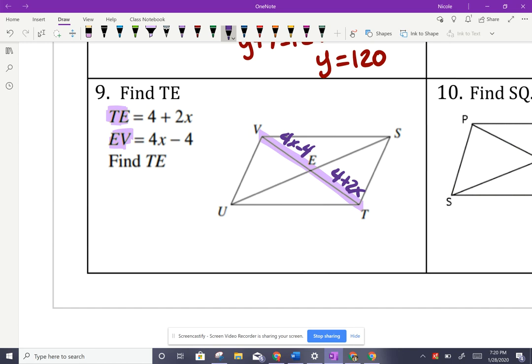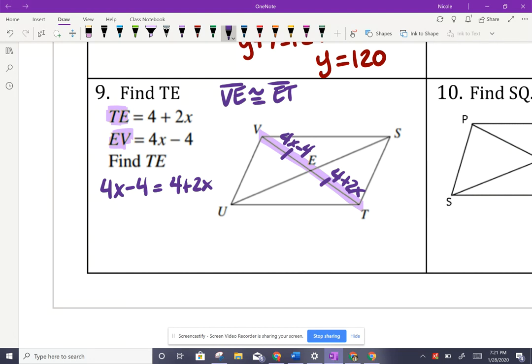So what do we know about VE and TE? They are congruent. So VE or EV is congruent to ET. So I can just set them equal to each other: 4x minus 4 equals 4 plus 2x.